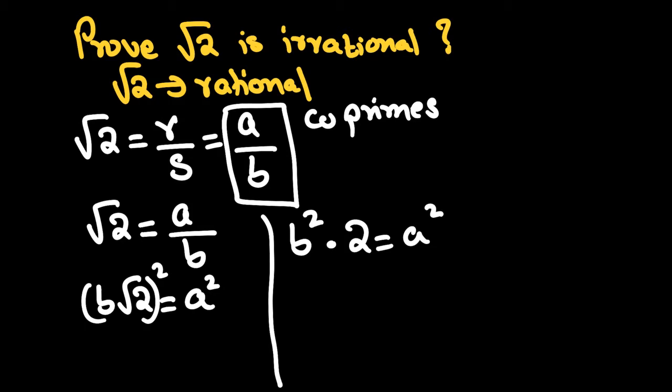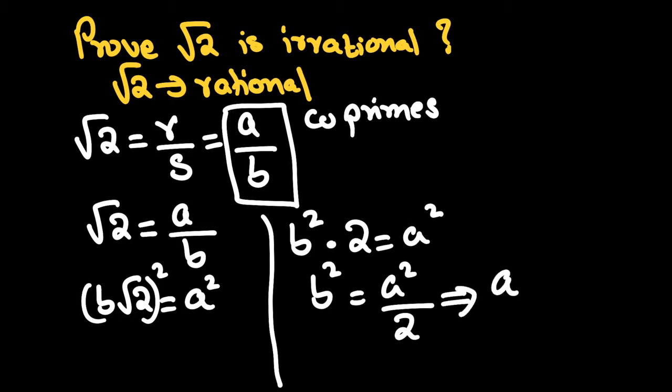This can be further written as b squared is equal to a squared over 2. That means a squared is divisible by 2, which implies that a is divisible by 2.